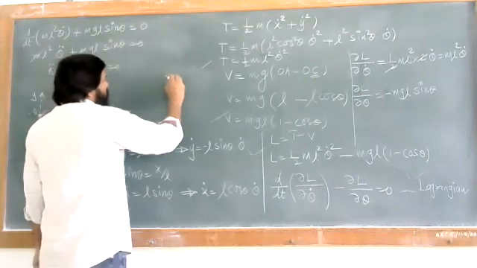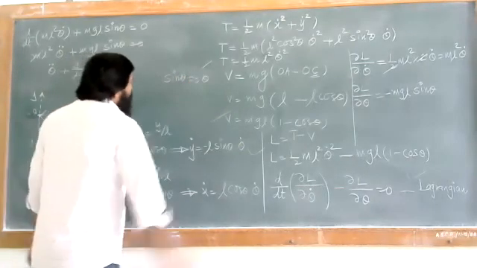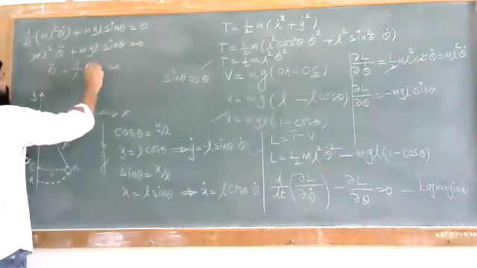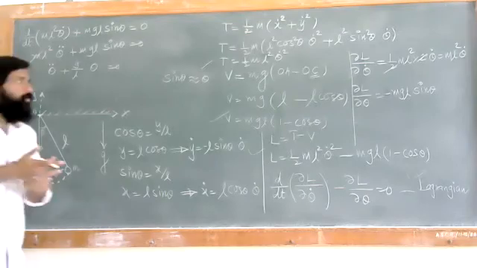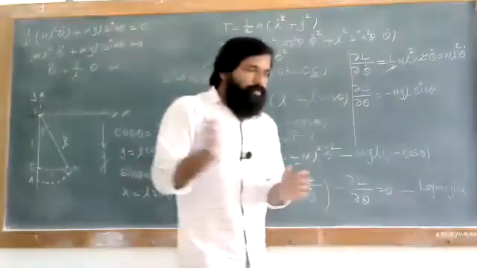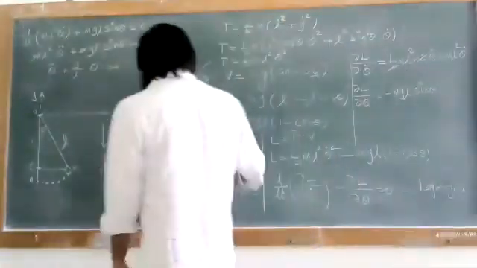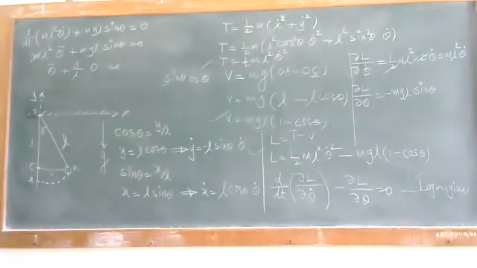But when theta is very small, this sin theta becomes theta, and so I can write this equation as theta double dot plus g upon L into theta is equal to 0. So when this theta is very small, sin theta is almost comparable to theta, and so we can have theta double dot plus g upon L into theta equal to 0.